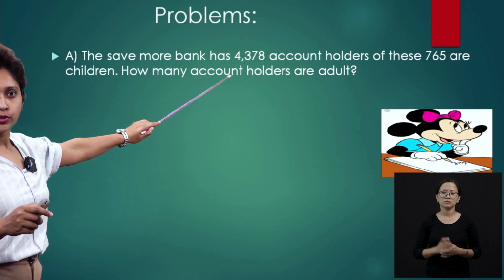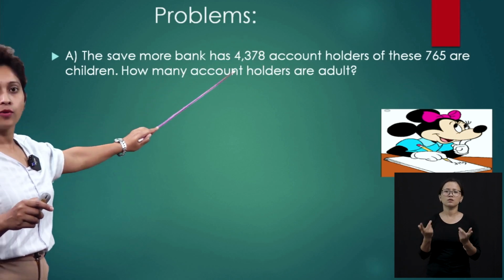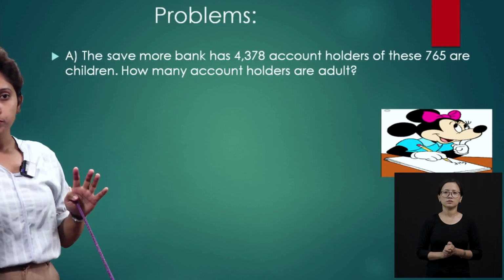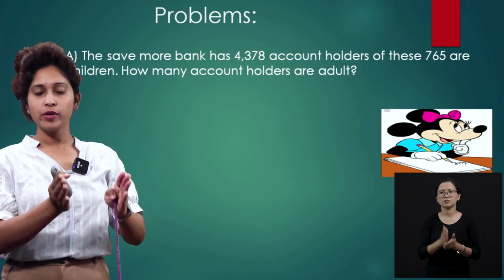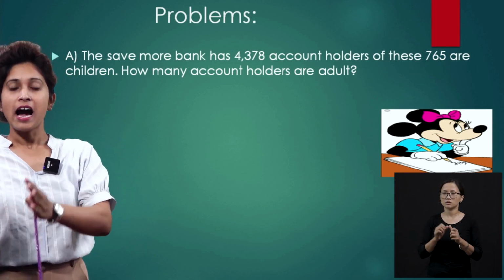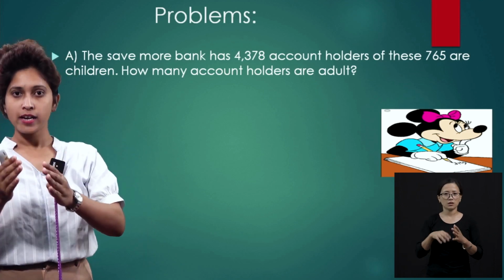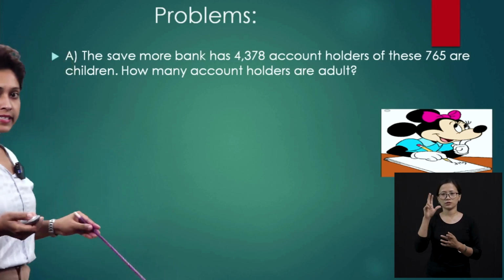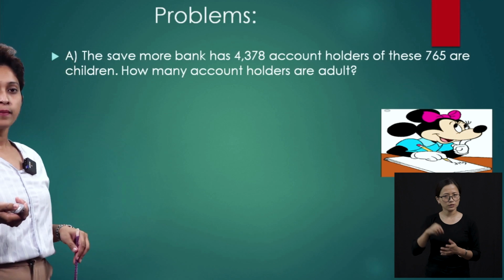So what you need to do here, how many account holders are adults? Now you need to divide how many of them are children and how many of them are adults out of those 4,378 account holders. All right. So let's see how you need to find it out, children.